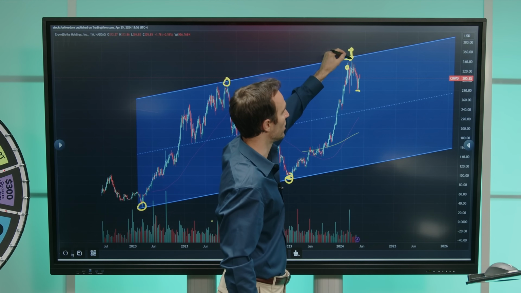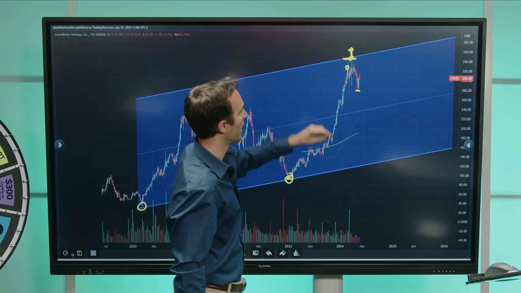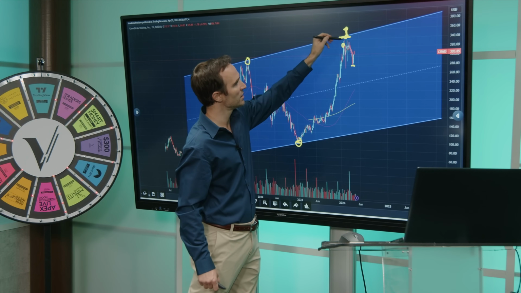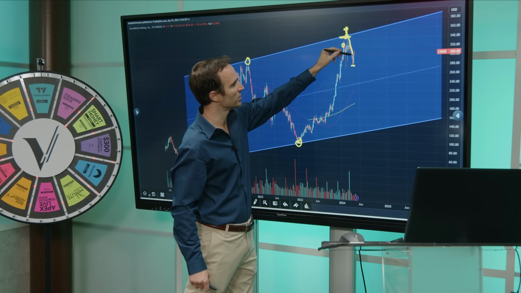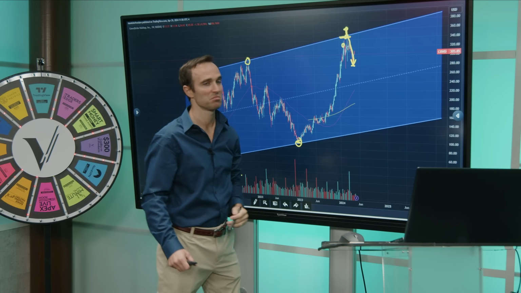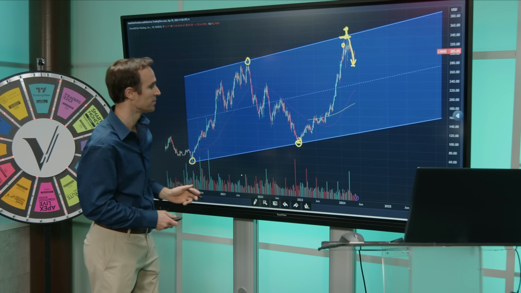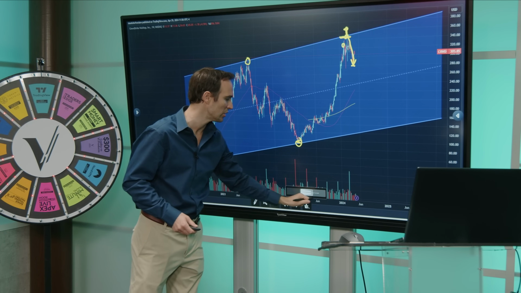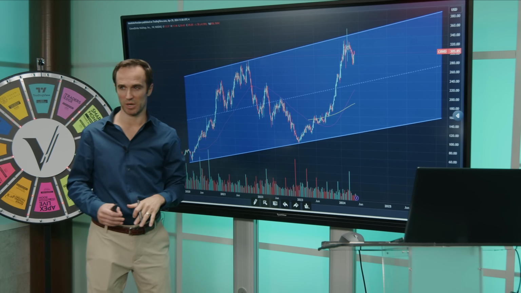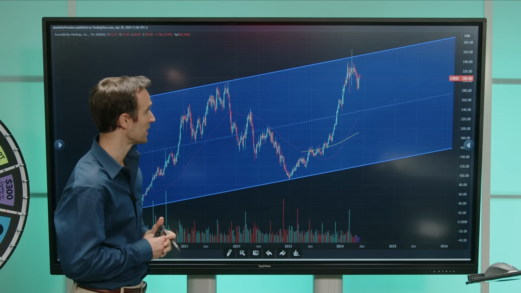So now your average is right here, and let's say your average is 350. When it falls down here to 300, that's a nice gain. That's about a 15%, 20% gain. And in general, that's what we look for when we swing trade, about a 10 to 20% gain.